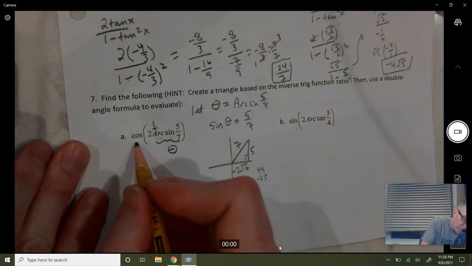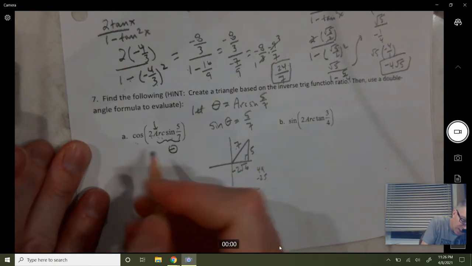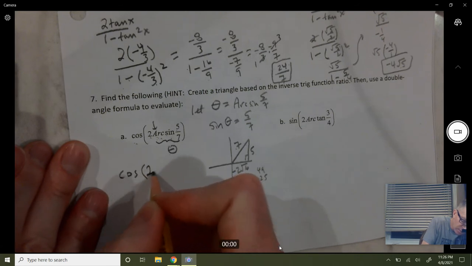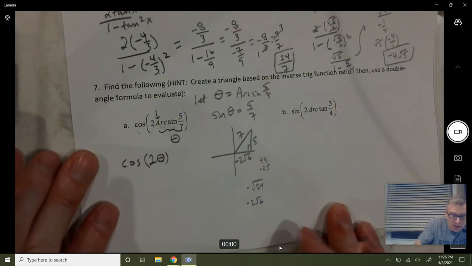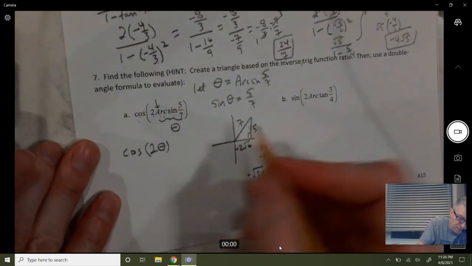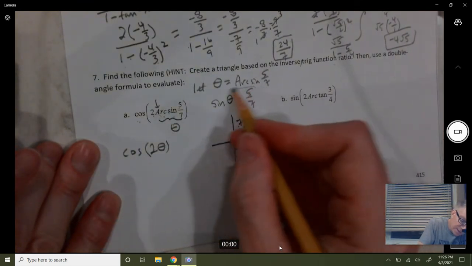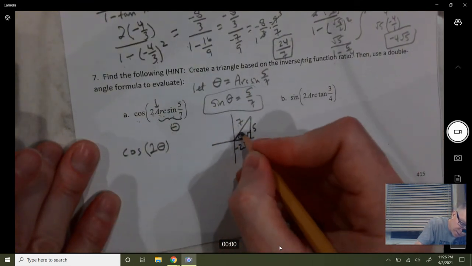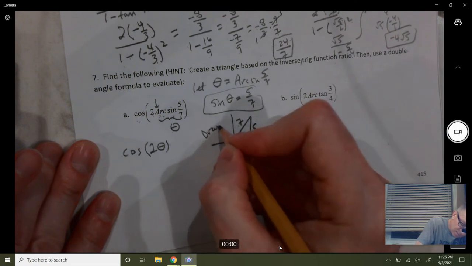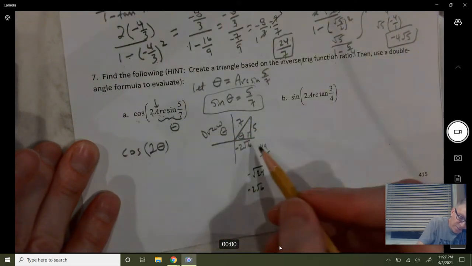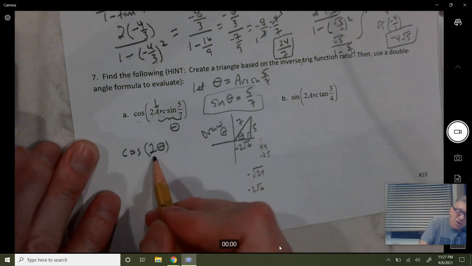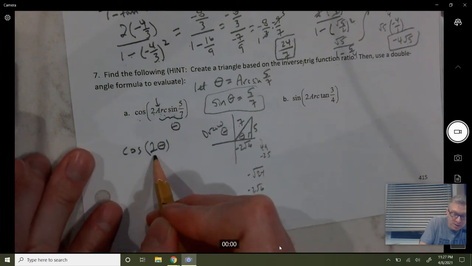Okay, so what we really have is cosine of 2 times an angle. Cosine of 2 theta. Okay, so we have a formula for cosine of 2 theta. I just drew theta. Here's theta. Because I'm going to need this triangle to figure out this once I plug in the formula.